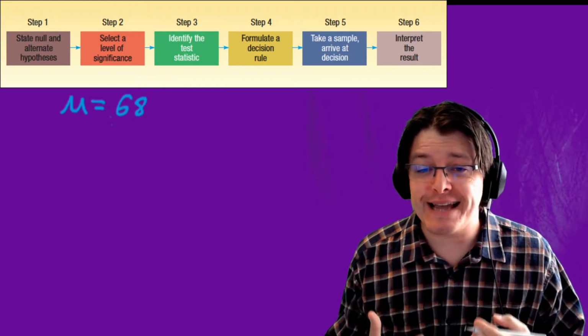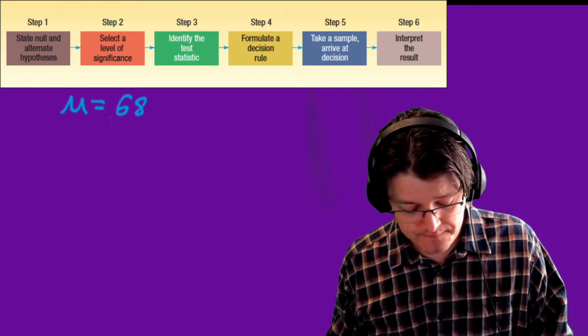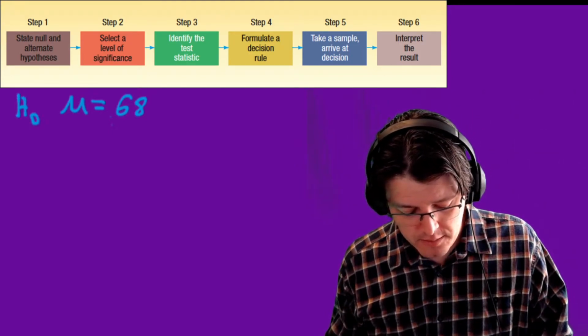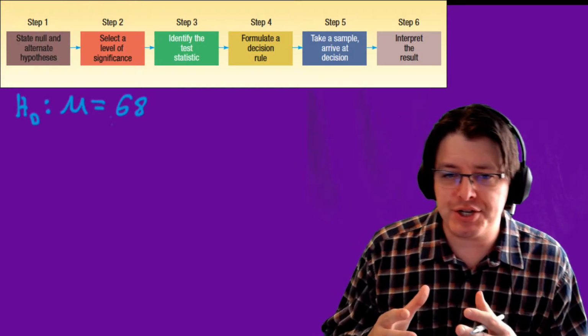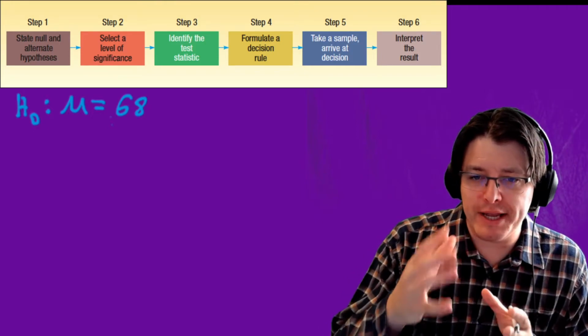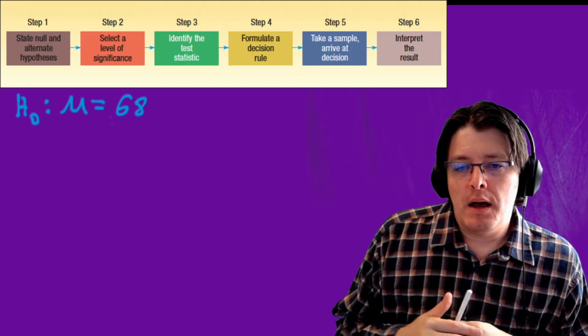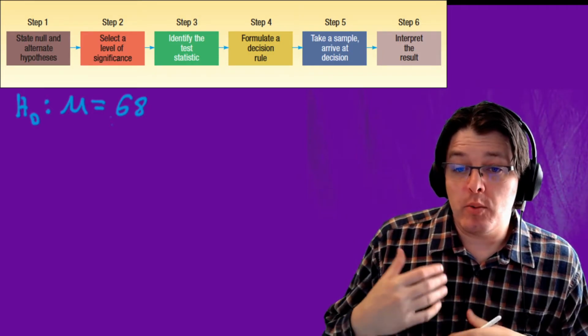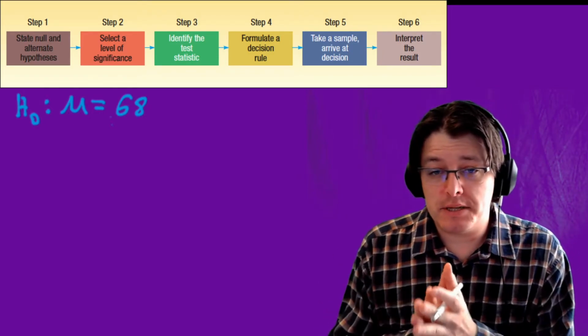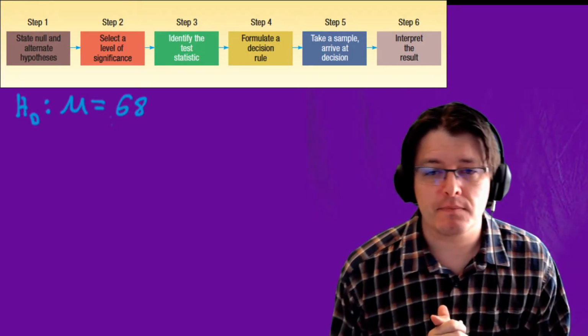And so to do that, we're going to set up that statement as the null hypothesis. We're going to indicate that with an H and then null being 0, so H subscript 0 there. And we'll just say, again, the claim is that the population value, mu, is 68.